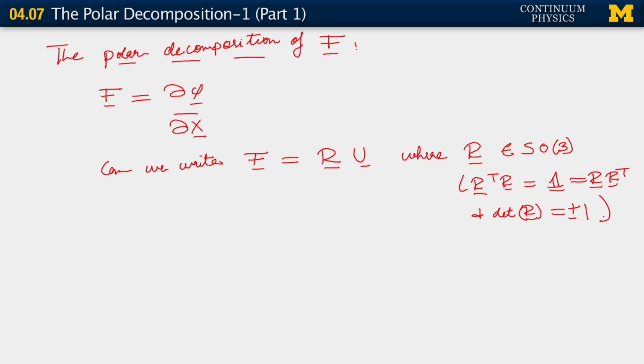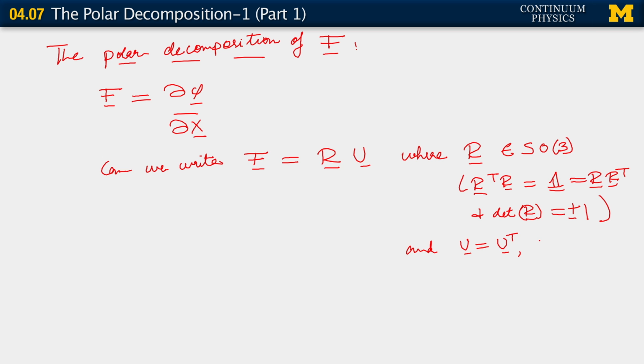So can we write F is equal to RU, where R belongs to SO3, it's a rotation tensor, and U equals U transpose. U is a symmetric tensor. Because we are going to come across symmetric tensors quite often in our study of continuum mechanics, and we've already seen two in the previous segment, we are going to introduce some notation for it.